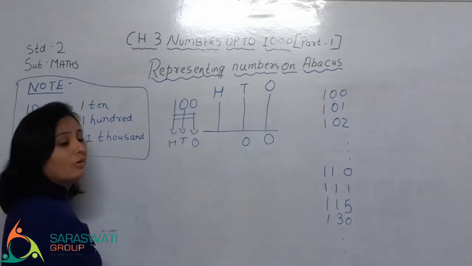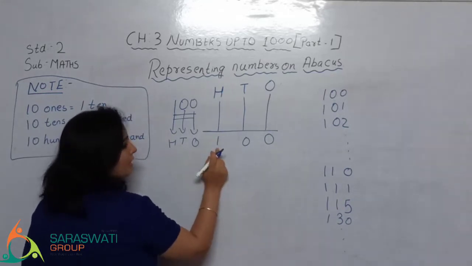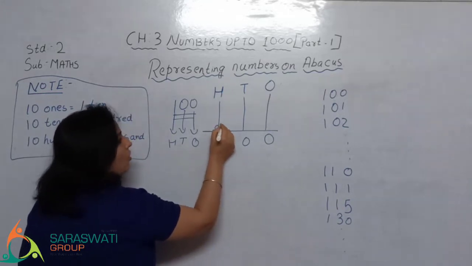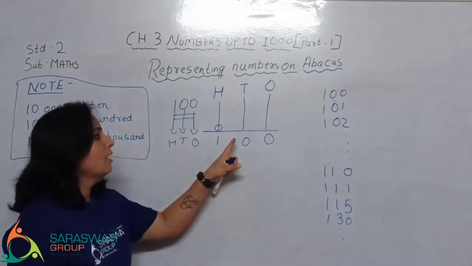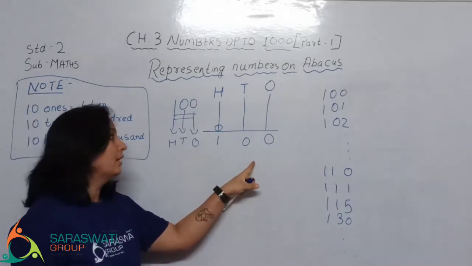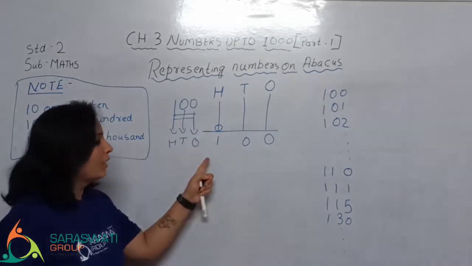And at hundreds place you can see there is 1. आप लोग देख रहे हो, at 100 place there is 1. So what I will write? I will write 1, and I will draw 1 bead over here. You can see these 3 rows. At ones and tens place nothing, and at 100 place 1 bead, right? Because 1 यहाँ पे है.